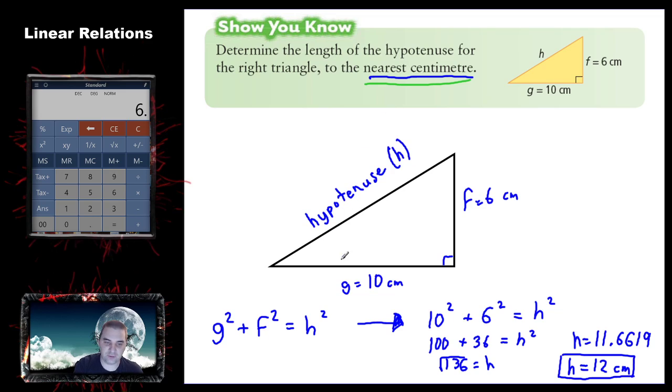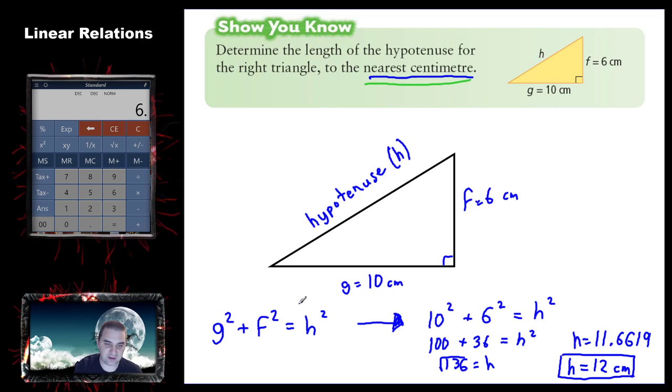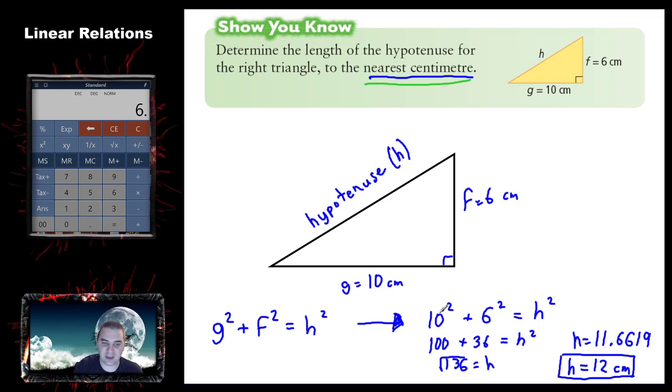So we've got the hypotenuse. I set up a triangle here, and I said that my g squared and my f squared added together get me my hypotenuse. So 10 squared plus 6 squared is equal to my hypotenuse squared. 100 plus 36 is equal to hypotenuse squared. So 136 is equal to hypotenuse squared.